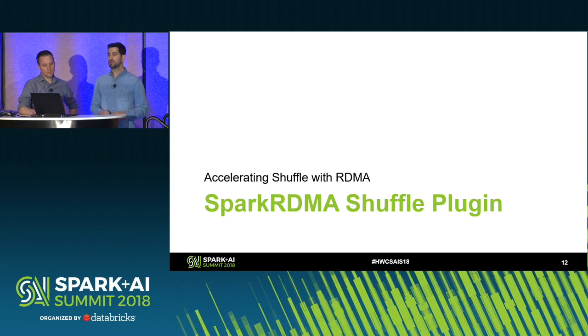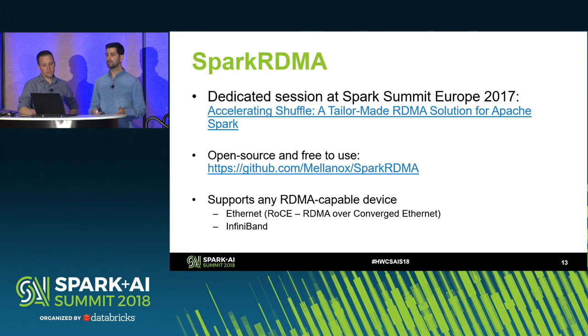And this is where the Spark RDMA Shuffle plugin comes in, and this is basically how we accelerate Shuffle in Spark with RDMA. So Spark RDMA is an open source project. There's a dedicated session which I presented in the last Spark Summit, so you can see a more deep dive on the actual technical details and how we do stuff within this plugin.